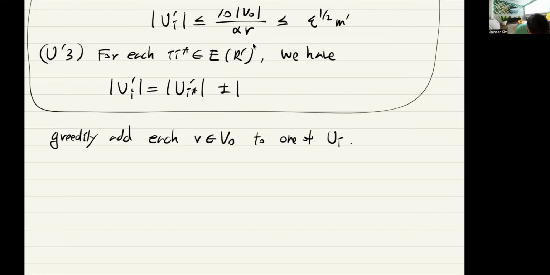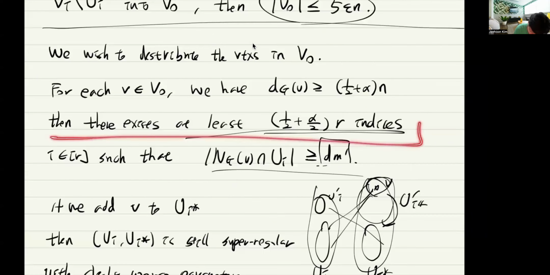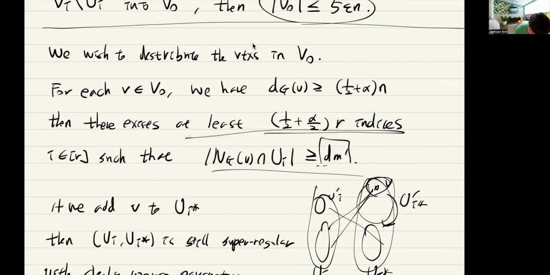So we observe that it's B, that means there are many indices such that this holds, right? This is more than half.